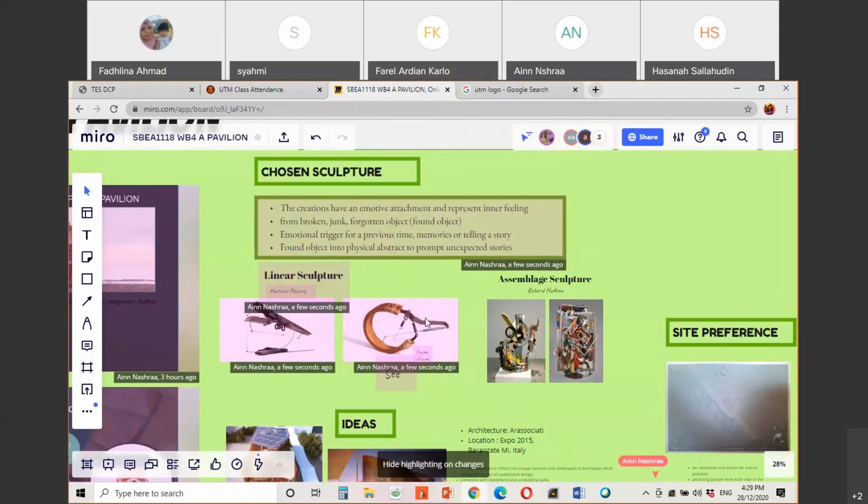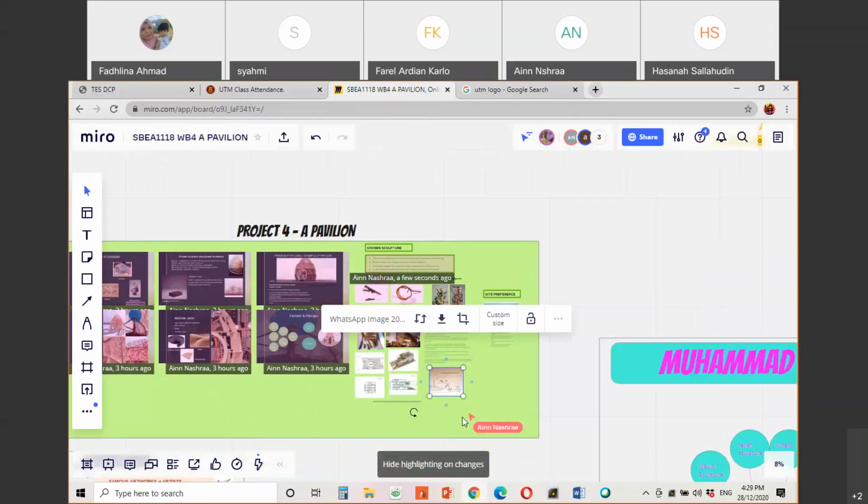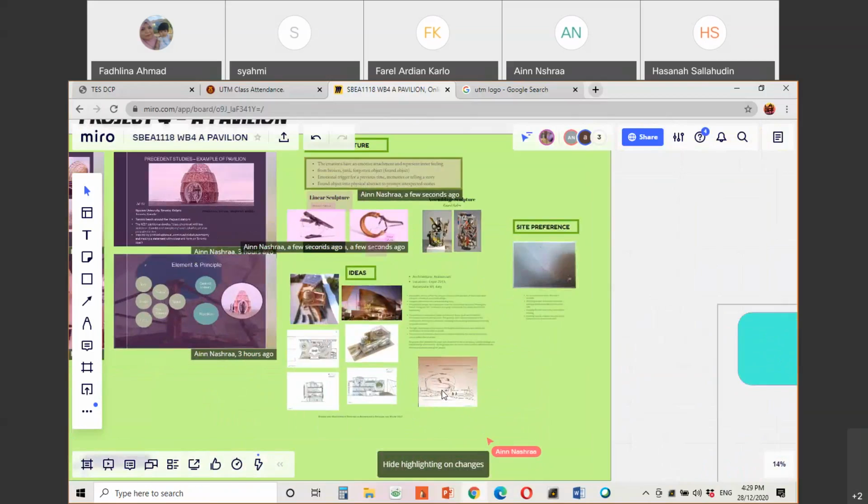Or is it in contrast with each other? Actually, it's contrast. Maybe just similar with the material chosen. Okay, I'm just asking because I want to know what is the relation between these two. If it is okay, it's okay.